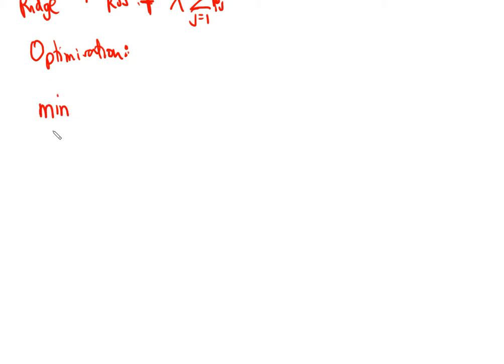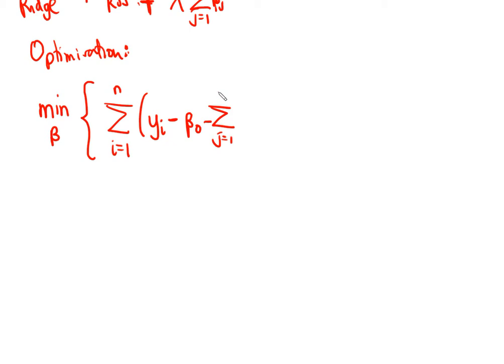Minimize over beta this function: the sum from i equal to 1 up to n of (yi minus beta naught minus the summation of j equal to 1 up to p of beta j xij) squared. Minimize the RSS.